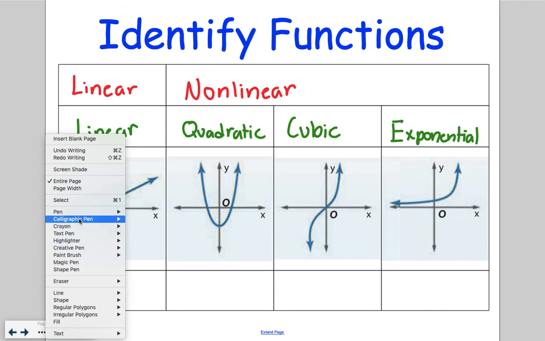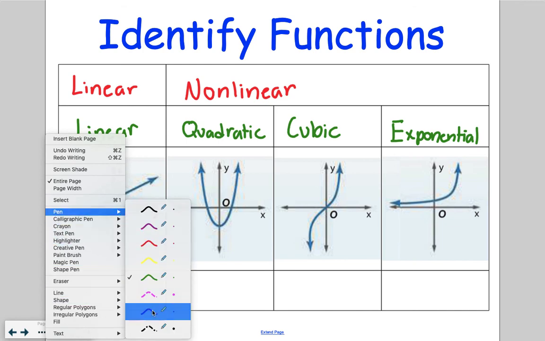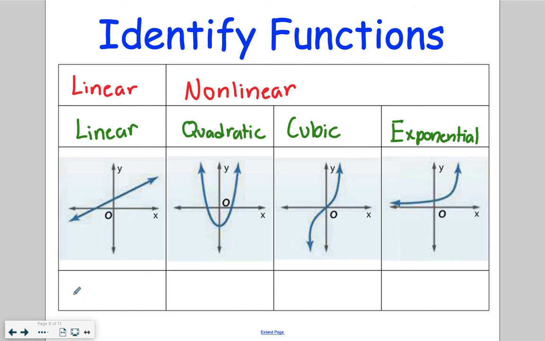So the pictures are right here, and then the last thing I wanted to touch on was the equations. Your linear equations are going to be in the form y equals mx plus b. Your quadratic equations are y equals ax squared plus bx plus c, so having that exponent of 2.